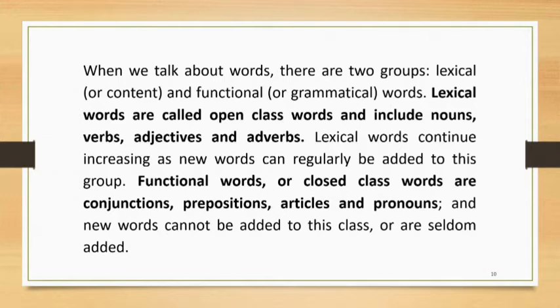I have written this in bold letters because it's very important for you to note down. Lexical words are called open class words. Open class means new words can be added to them. That's why they are open. Means the entry is free there. New words can be added to nouns, adjectives, and adverbs.